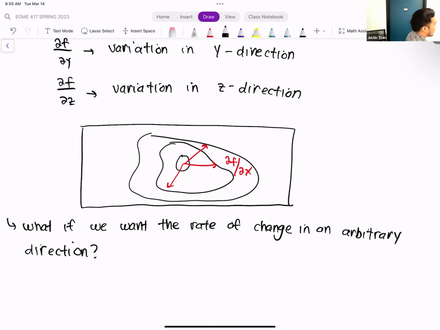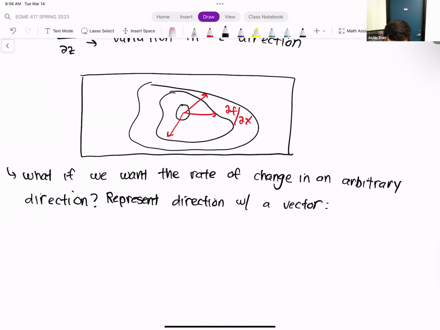And so the way that we do that is we take the directional derivative. Okay. And so let's say that the direction. So you want to find the rate of change in a certain direction, and we represent that direction with a vector. And so let's say that this vector, let's say we want to find the derivative in that direction.